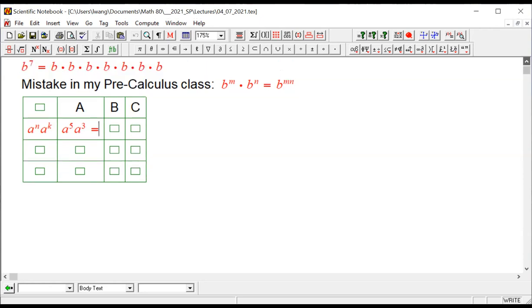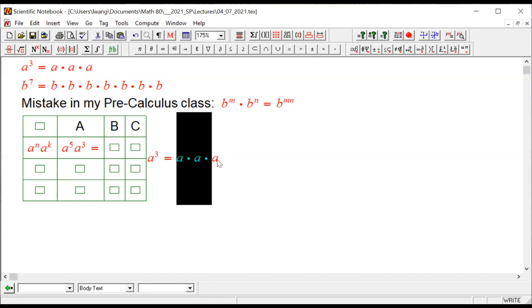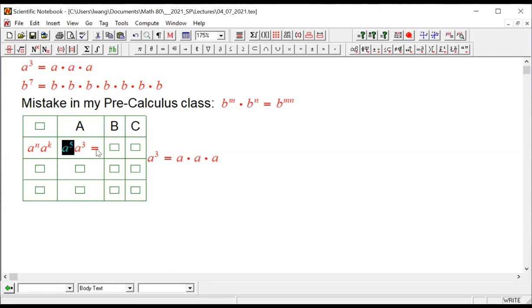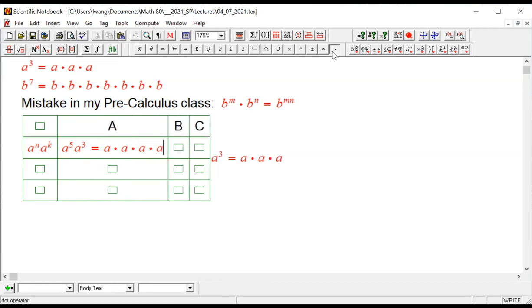By the basic definition, a to the power 3 is a times a times a, 3 times. A to the power 5 is a times a times a times a times a.